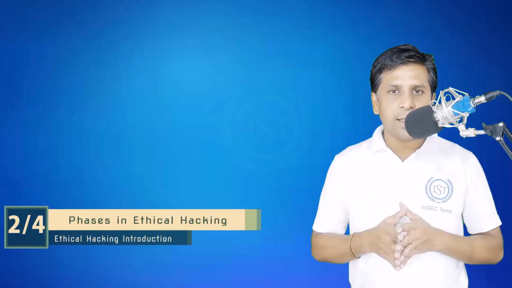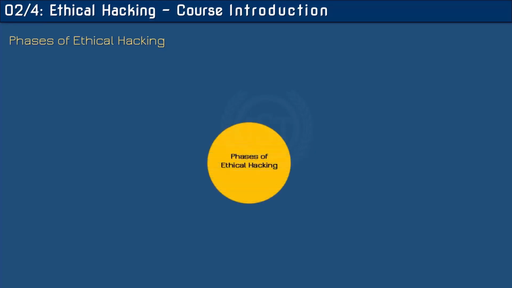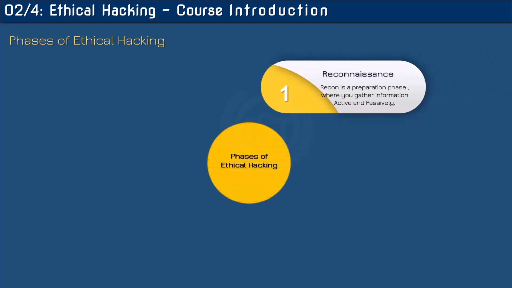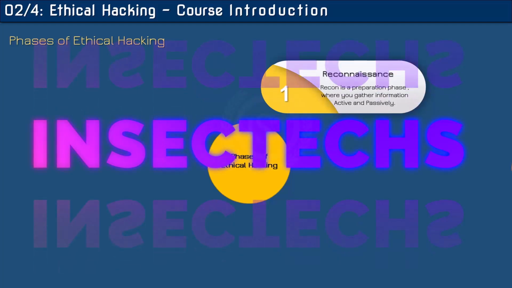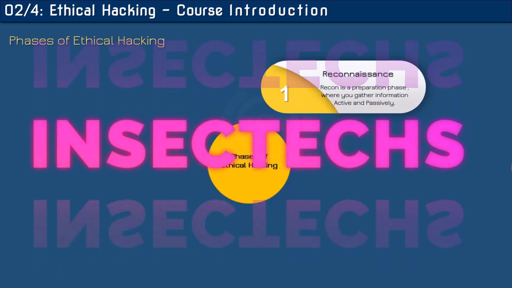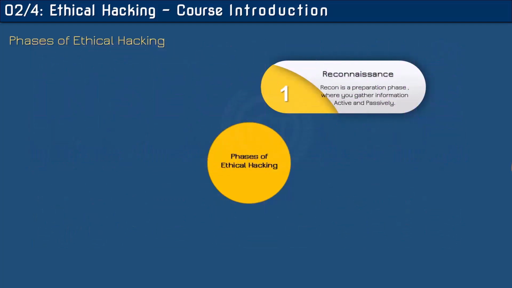So let's discuss all these phases individually. Reconnaissance. For every work, there is a starting phase or a starting step where we prepare by collecting necessary things that are required to start and complete the assignment or project. In ethical hacking, reconnaissance is a preparatory phase where the hacker gathers as much information as possible related to the target.